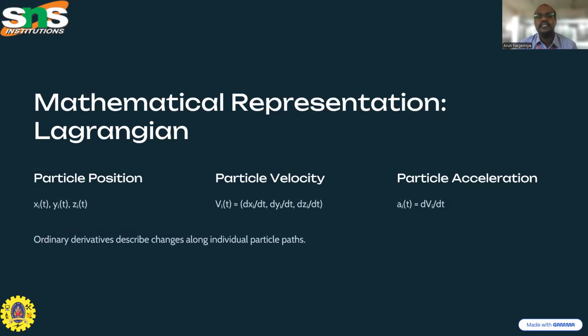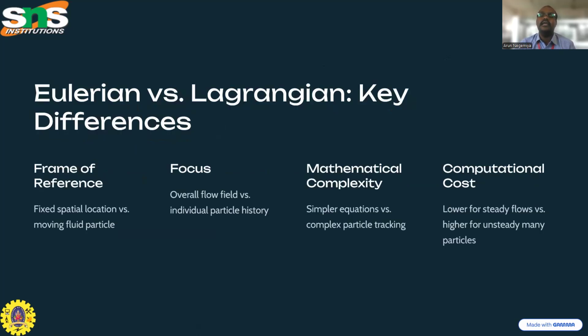Mathematically, we take an individual study over time. Compared to the Eulerian approach, where we take V of x, y, z, t, here the time depends on the distance regions like the x, y, z axis region, so that is called the particle position. Particle velocity is calculated using dx by dt, dy by dt, dz by dt. Acceleration is a equal to dv by dt.